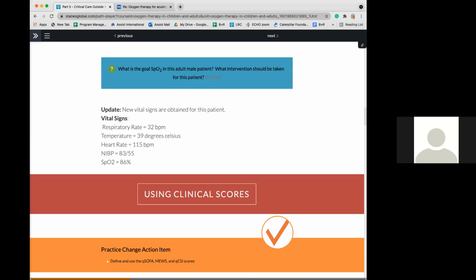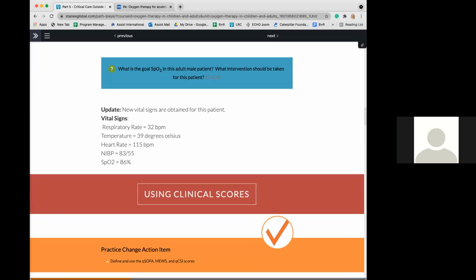So as you can see from the clinical course of this patient so far, at this stage, you can clearly see that there's something going wrong with the patient. The patient's clinical condition is deteriorating, as evidenced by the vital signs above.